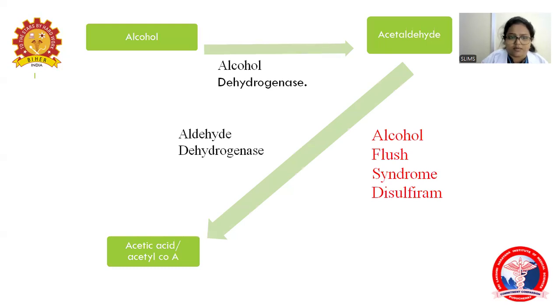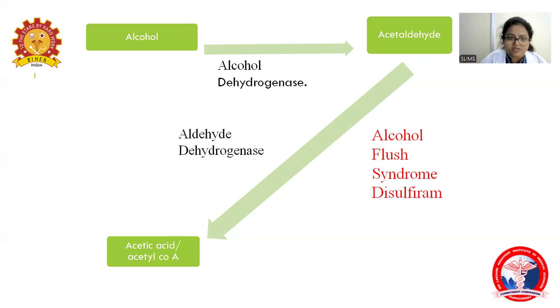And then this is about the metabolism of alcohol. In the liver, alcohol is acted upon by the enzyme alcohol dehydrogenase, which converts it into acetaldehyde. Then the acetaldehyde is converted into acetic acid or acetyl CoA by the enzyme aldehyde dehydrogenase. And then the acetic acid enters the TCA cycle and is converted into water and carbon dioxide.